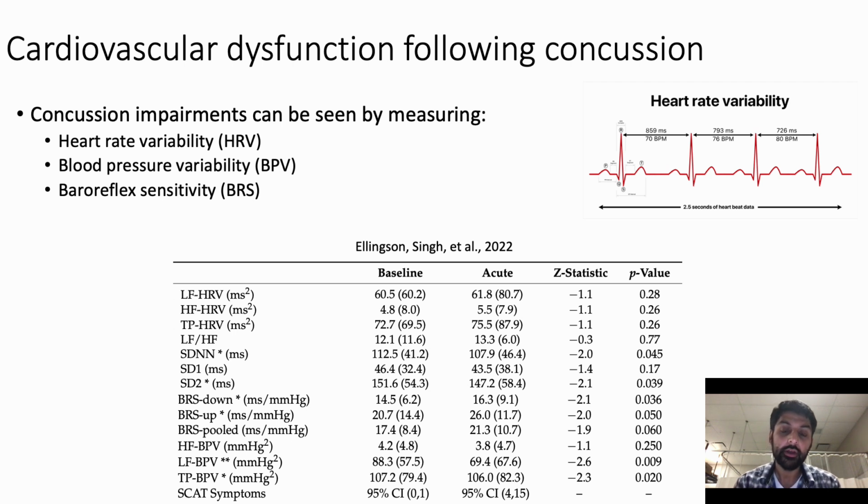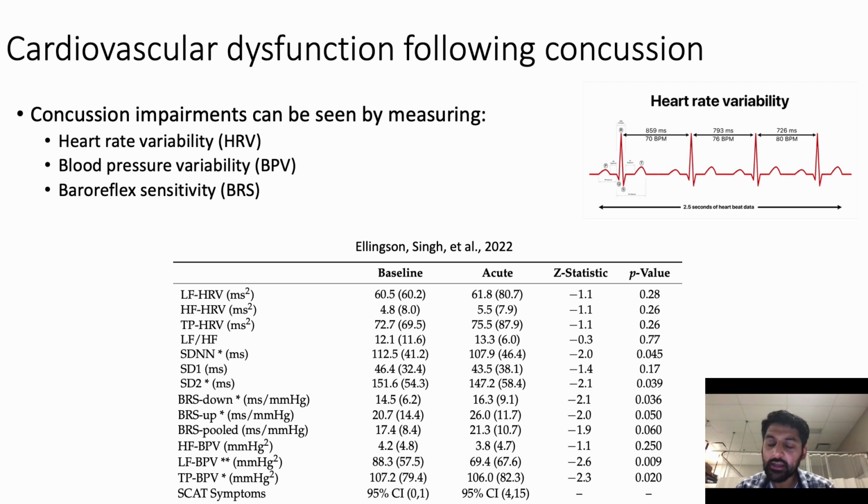So for somebody who has a 60 heart rate, at one point it could be 40, at another point it could be 70, another point it could be 50, but there's a lot of variation from beat to beat. That variation is actually called heart rate variability, and it's a good proxy, or a good indicator, of your cardiovascular autonomic nervous system functioning.